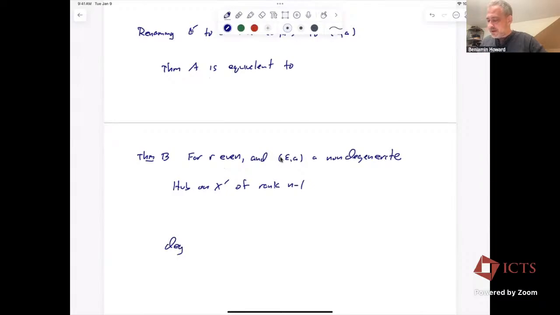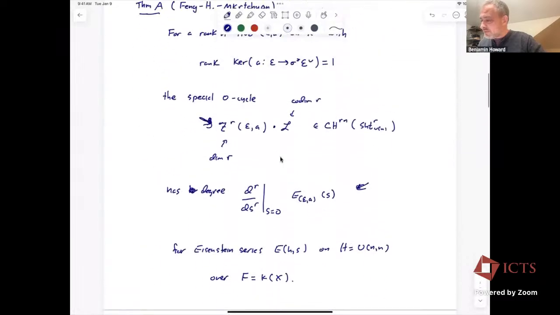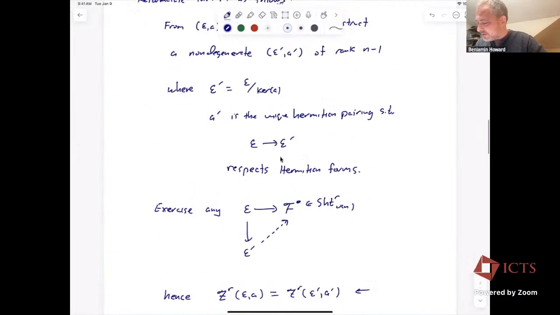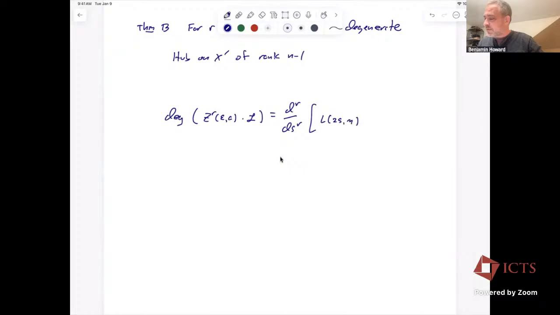if we take the degree, right, in this intersection, so now the degree of the special cycle intersected with this distinguished thing of codimension R is the r-th derivative of this product of a Dirichlet function and the coefficient of another, different Eisenstein series shifted away from the center of its functional equation.